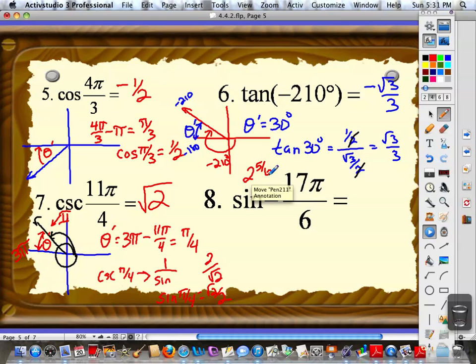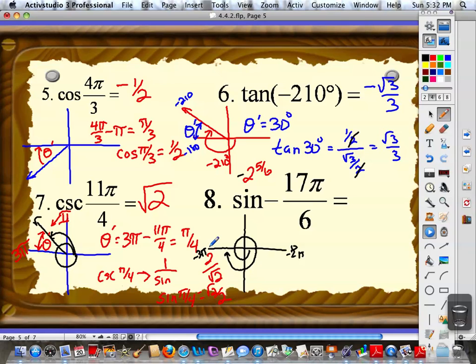So I need to figure out now which quadrant I'm going to be in. Well, I know it's negative 2, so I've gone all the way around, and I'm going another 5/6, which means I'm almost going another whole 1. Okay? So since we're going negative, this was negative 2 pi, and this is going to be negative 3 pi.